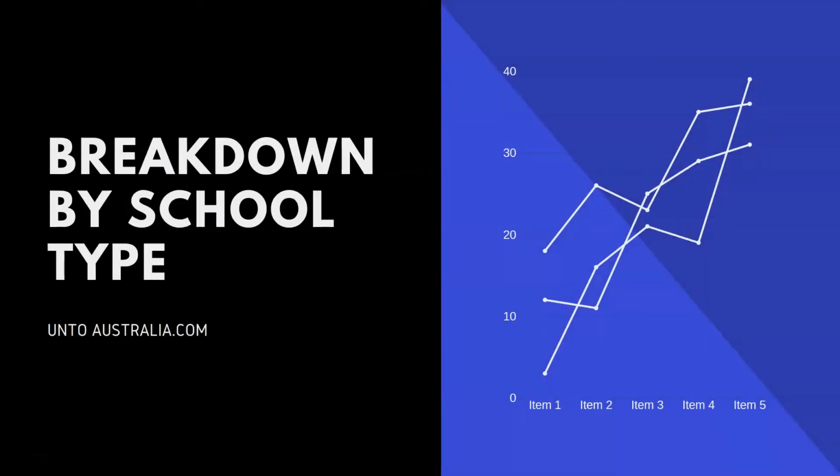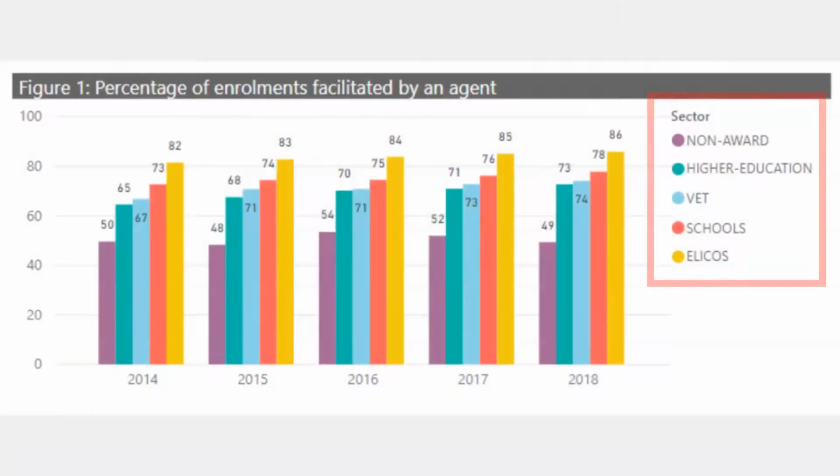Okay, let's look at the breakdown of school type. These are in 2018 over here. You can see we have non-award schools, higher education, VET, vocational schools, normal public schools, and English schools.